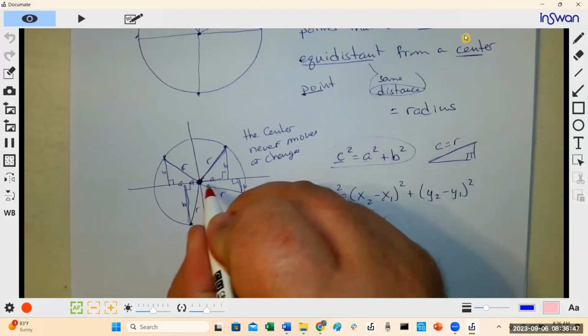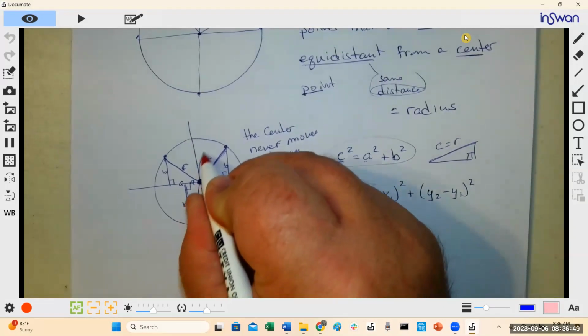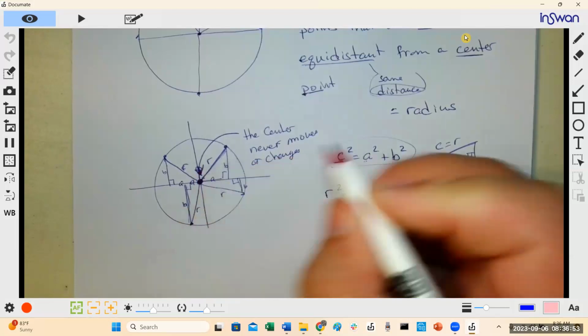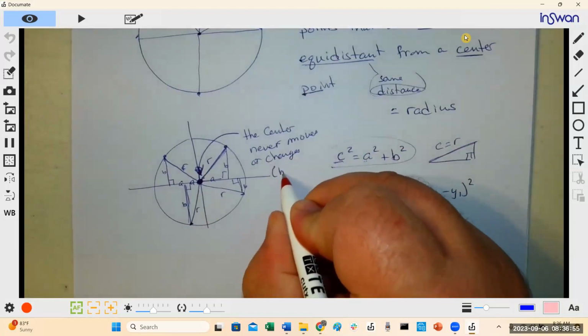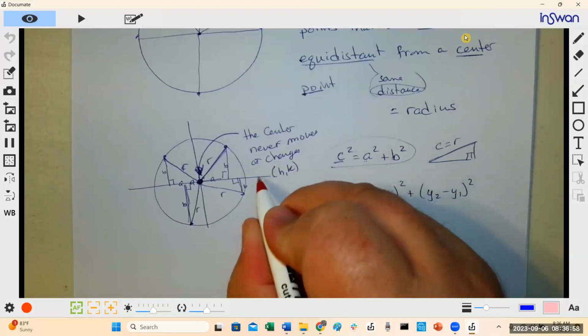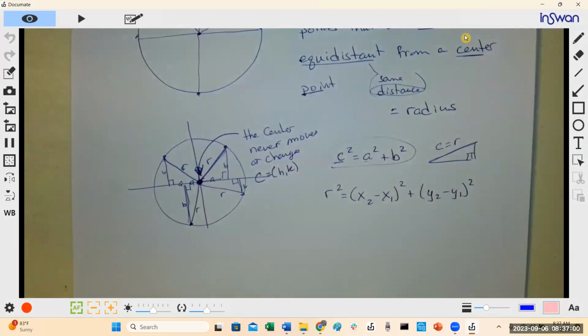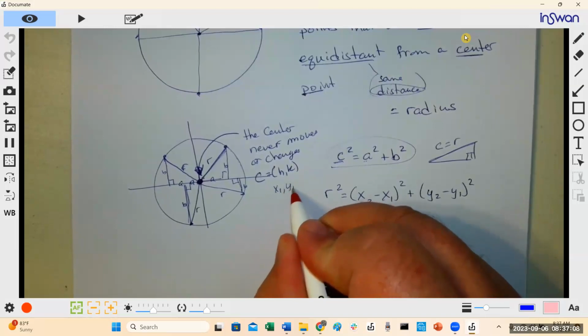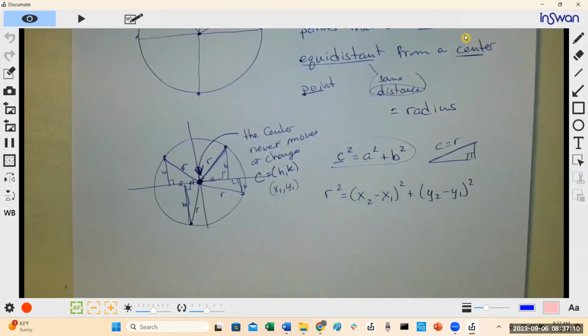So what we call that location, we call it (h, k). The center is called (h, k). It never moves. So that takes the place of our first point, x1, y1.